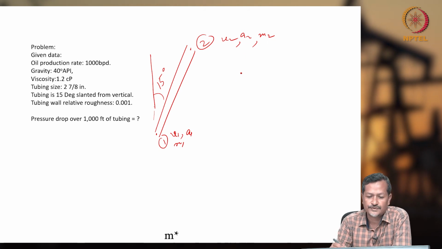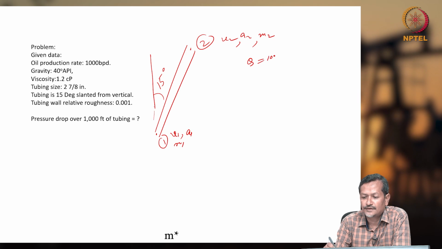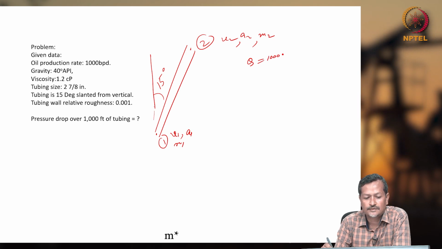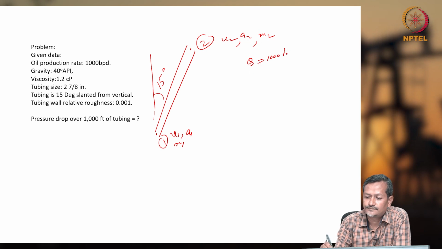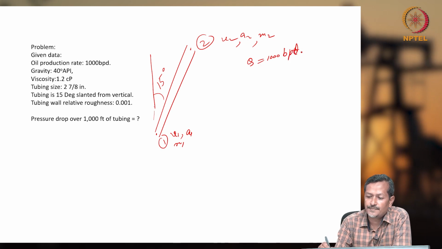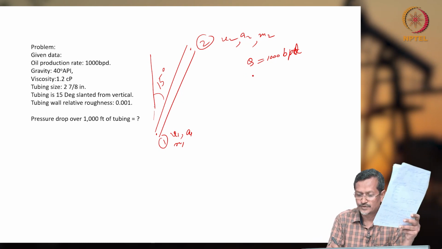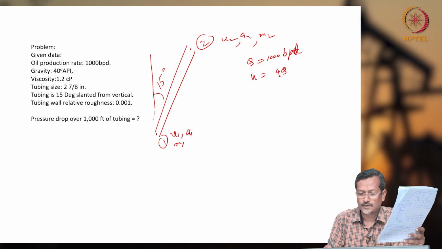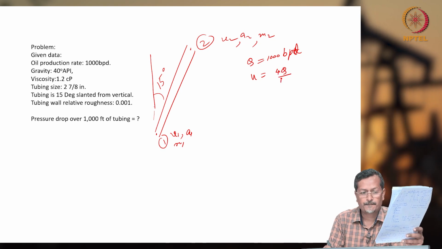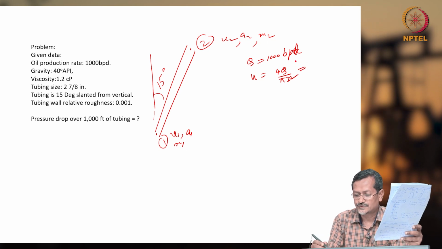Now first you have to calculate the fluid velocity. So Q is given, 1000 barrels per day, BPD. u equals 4Q divided by pi D squared.